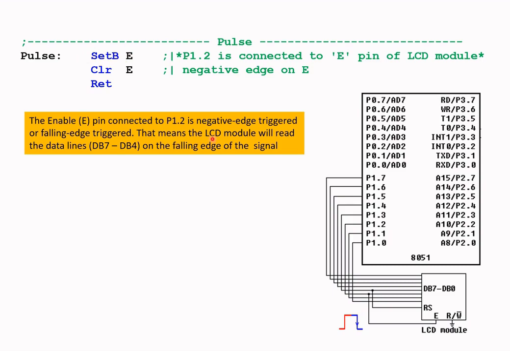When the input receives a falling edge, which is this portion here, the LCD module will read data lines D4 to D7 on the falling edge of the signal. So when it goes down from high to low, the module will read the data.